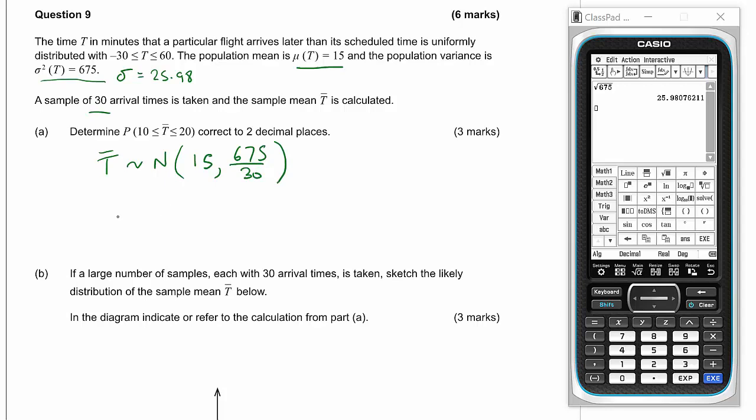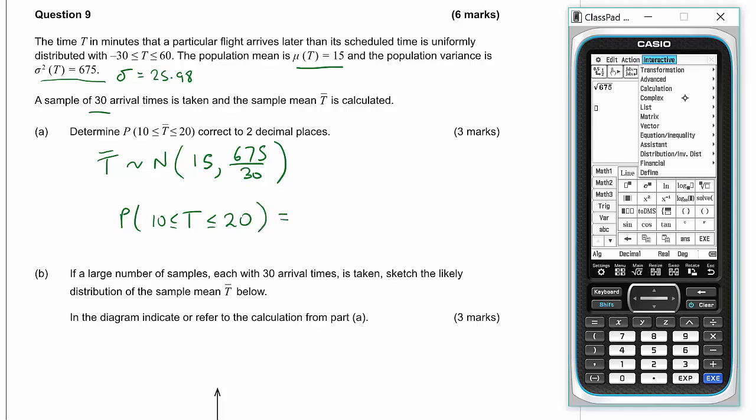So what we're looking for here, the probability that T bar is between 10 and 20, we can just use our calculator.